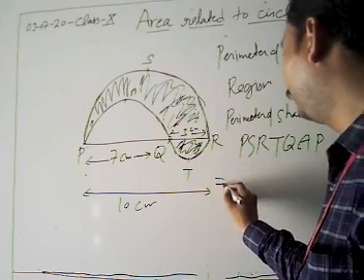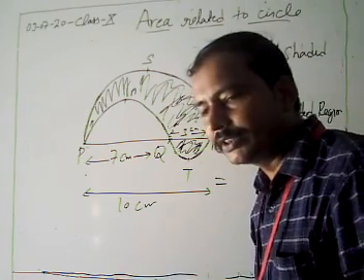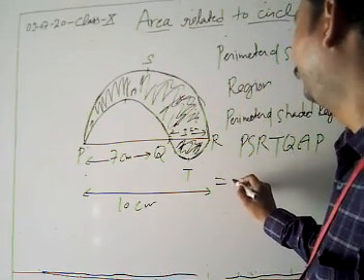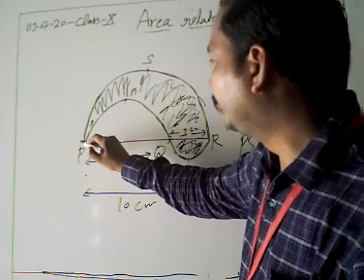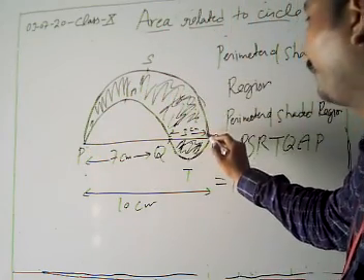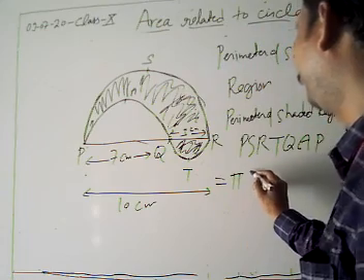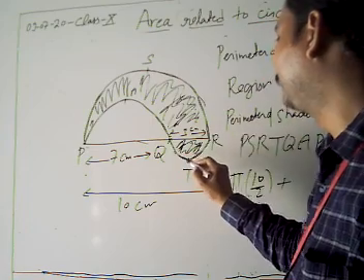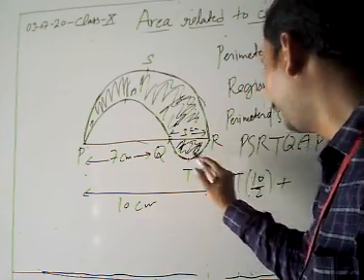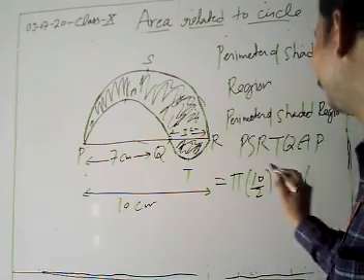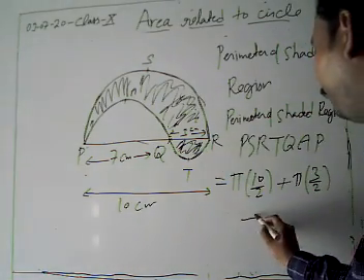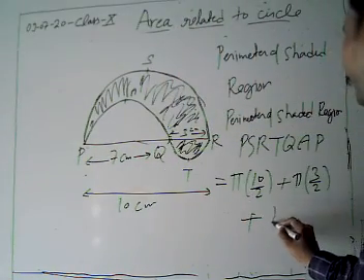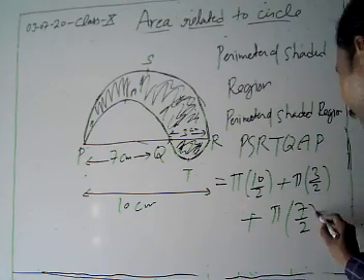Then our whole perimeter is given by the circumference of a semicircle, which is pi r. We take the region PSR, whose diameter is 10, so pi times 10 by 2, plus the circumference of RTQ, pi times 3 by 2, plus the circumference of the semicircle PAQ, pi times 7 by 2.